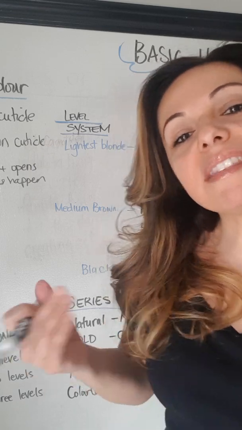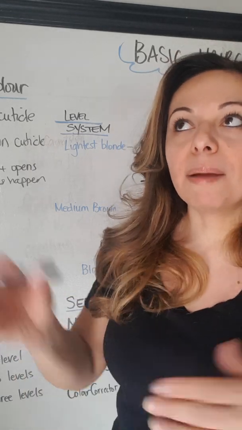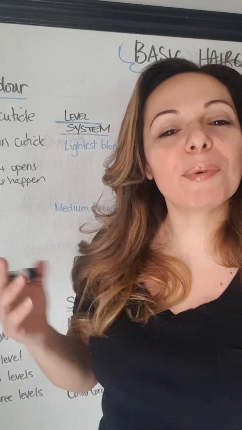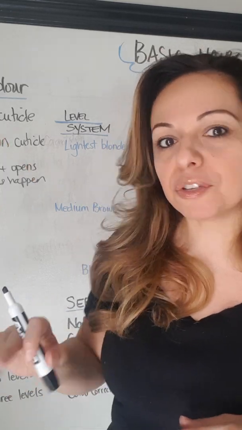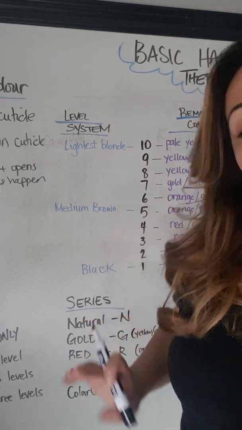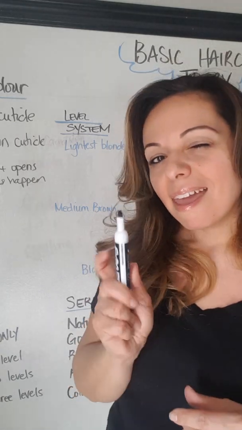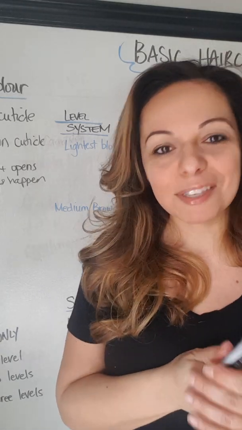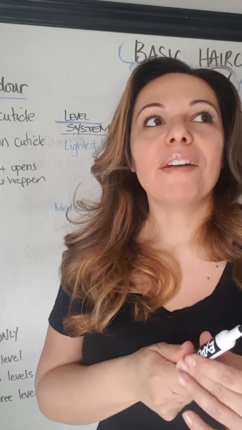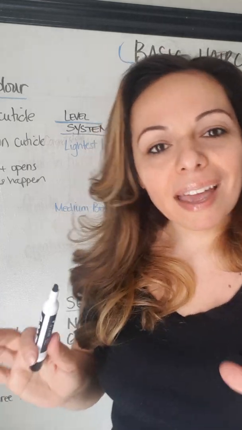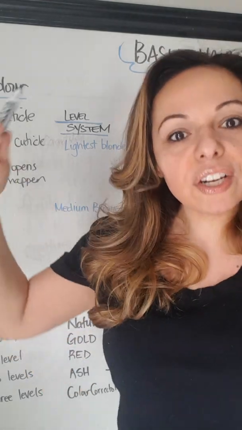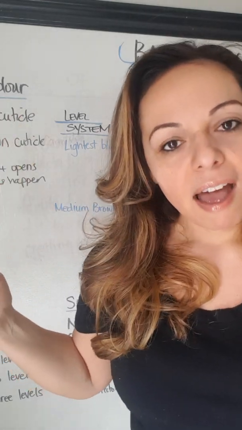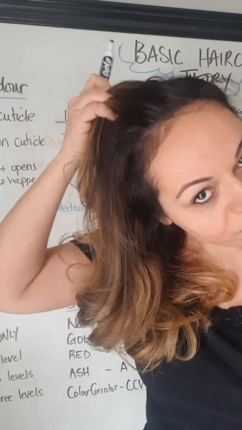Most of us in the classroom are about a level 5 or darker, so we are either 5, 4, 3, 2, or 1 in that class, except for one student, Leanna, whom I would put somewhere in and around a 7. So she's lighter than we are, and again, myself being a 5.